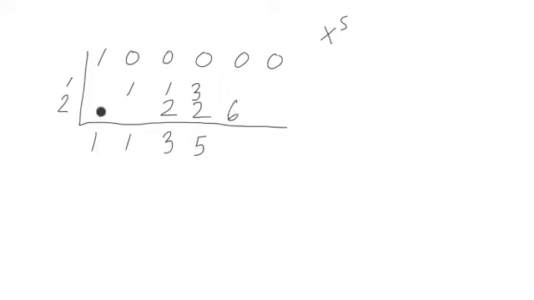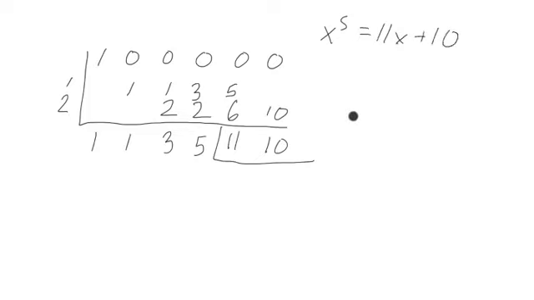Then 5 times that one is right there. 5 times that 2 is right there. Then we add. And we can't repeat because we can't go over here. So we're done. Then we just add right there 10. And see how we have two things here? That means we have two things here for a remainder. So the remainder is quite literally 11x plus 10.